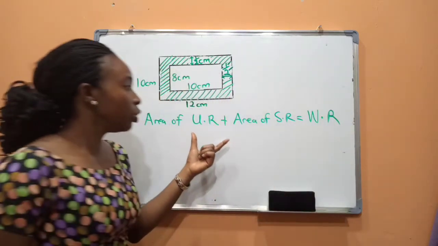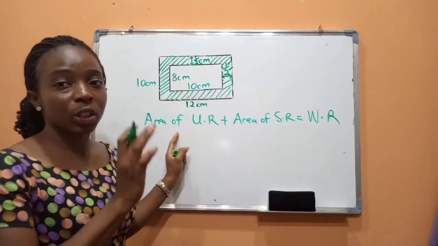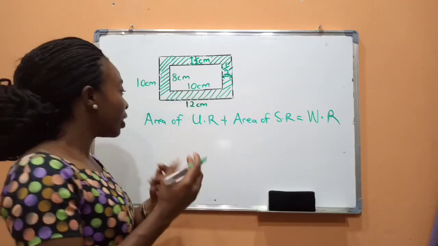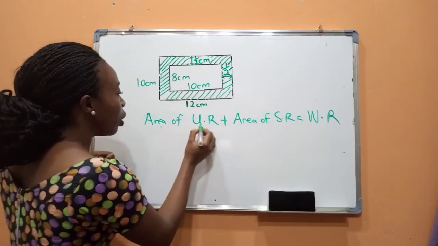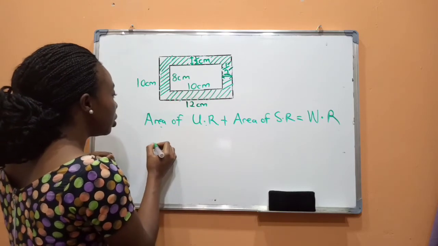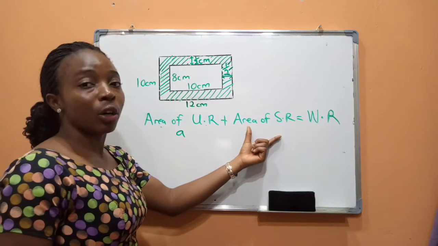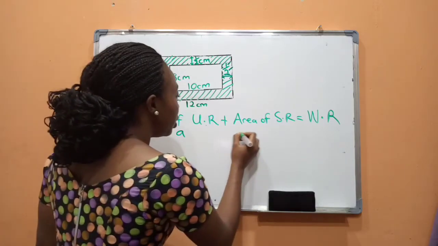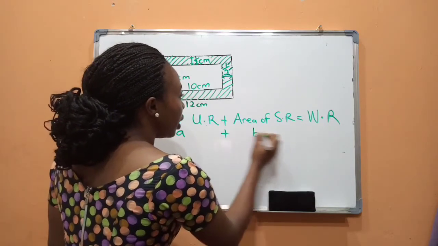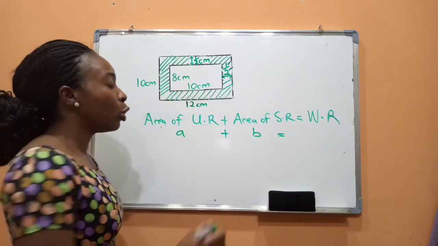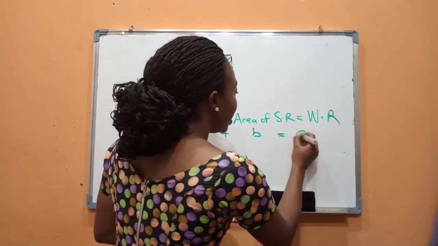So we already knew this from the previous example, okay? Again, let the area of the unshaded region be A and the area of the shaded region be B, okay? And then the area of the whole region be C, okay?